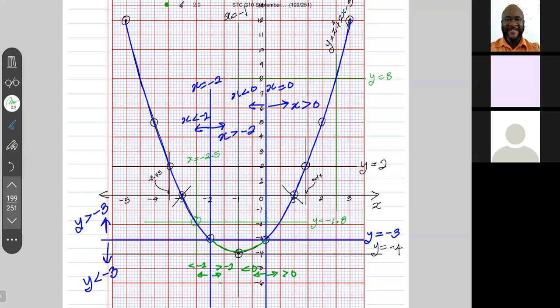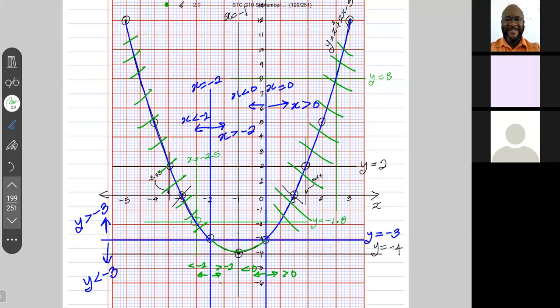So for the blue region of the graph, that's where x is greater than 0 and y is greater than -3. This region of the graph is where x is less than -2 and y is greater than -3.